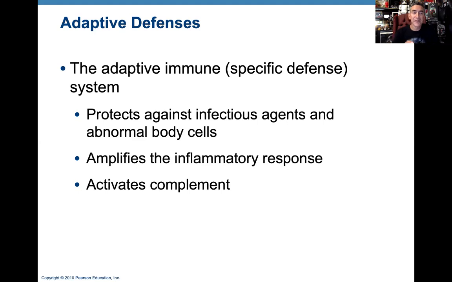So that's that adaptive system. It protects against infectious agents and normal and abnormal body cells. We can draw help from the innate system, from inflammation again, from complement again. We have the two branches, innate and adaptive, but those two branches are interlinked as well.